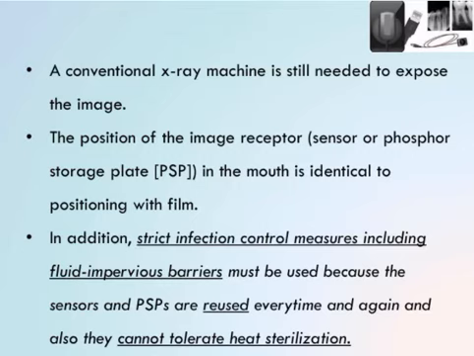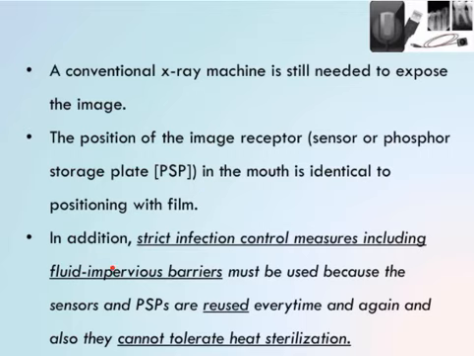If you use sensor-based imaging, the exposure factors are less. The position of the image receptor, whether it's a sensor, a phosphor storage plate, or a film, is identical without any change.